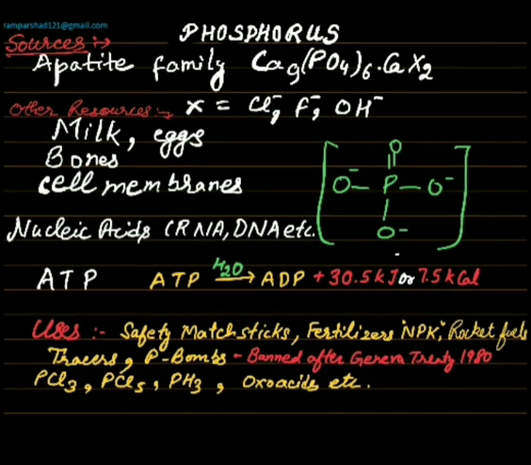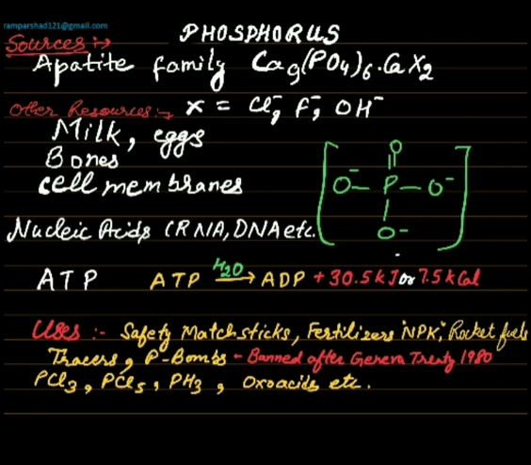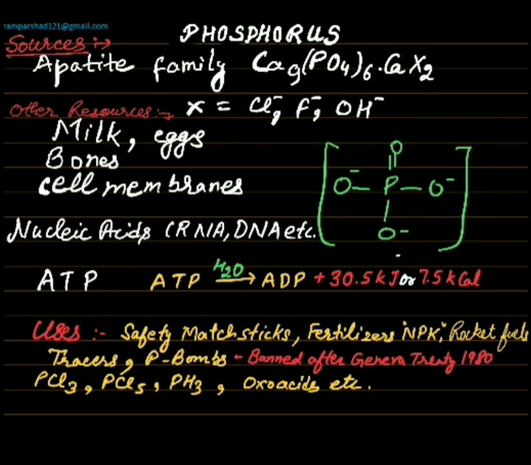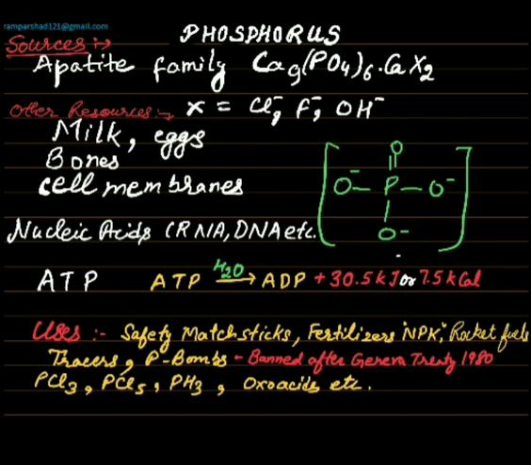Other sources of phosphorus are milk and eggs. Phosphorus is also present in the bones and in the cell membrane. It is also the main constituent of nucleic acids in the form of phosphate groups in DNA and RNA.